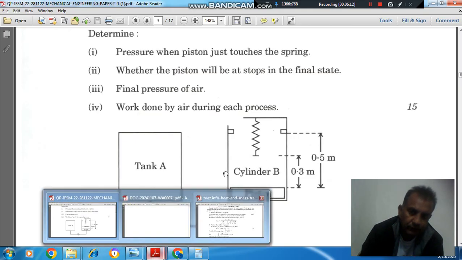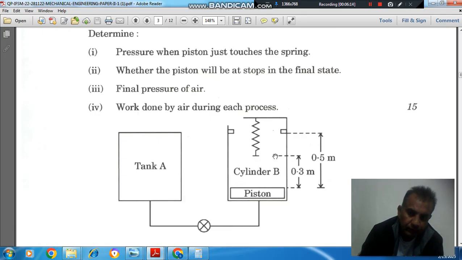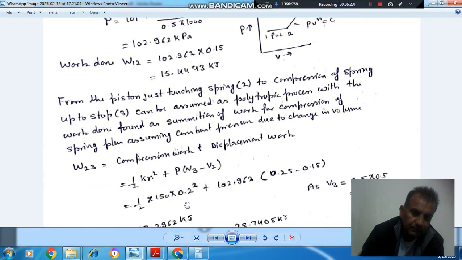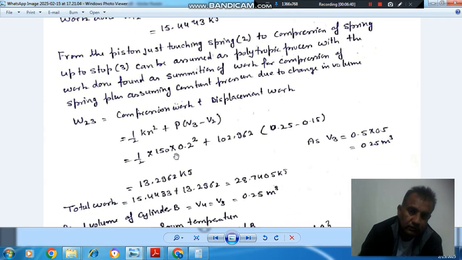So that work can be calculated by considering a constant pressure process plus the compression work required for the spring. If the compression were not there, the work done would be this, but the extra thing is the spring, so we have to take the compression of the spring into account.